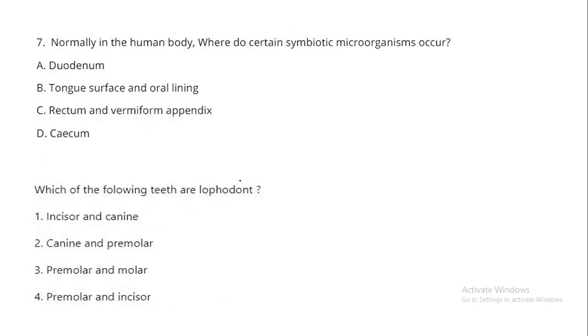Normally in the human body, where do certain symbiotic microorganisms occur? Think about it. The term symbiotic means friendly; you can just consider them as friendly bacteria. I told you that these bacteria utilize the undigested material for their survival, and they also produce good things that maintain gut health.